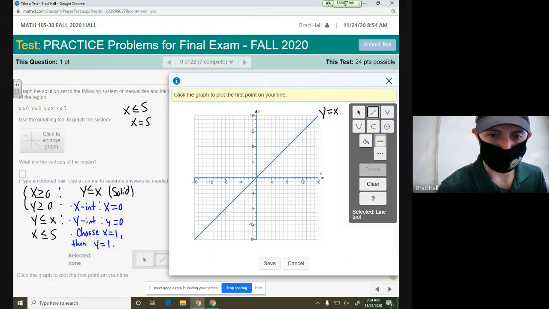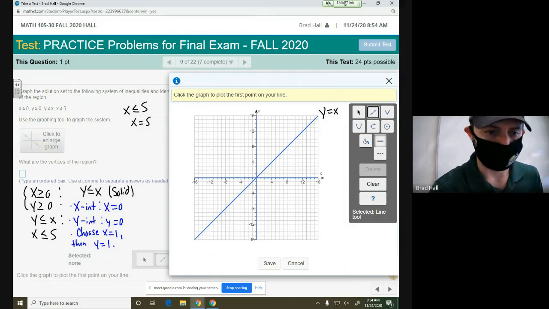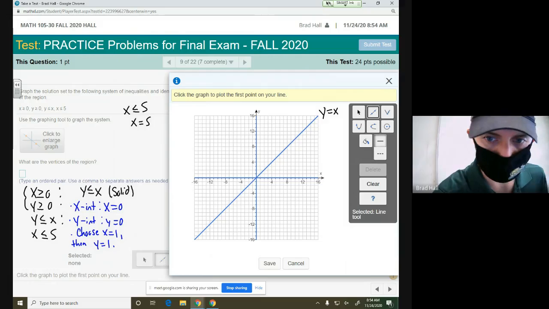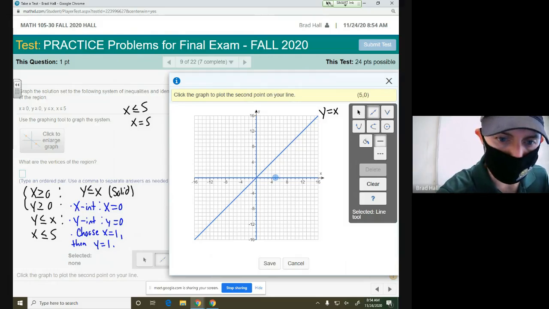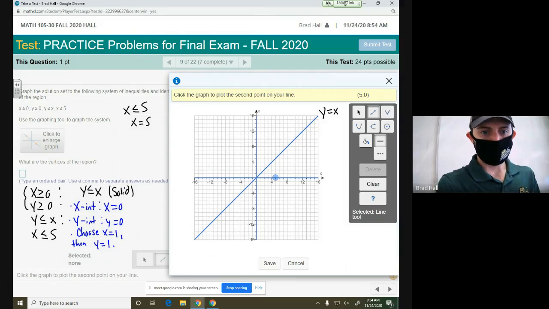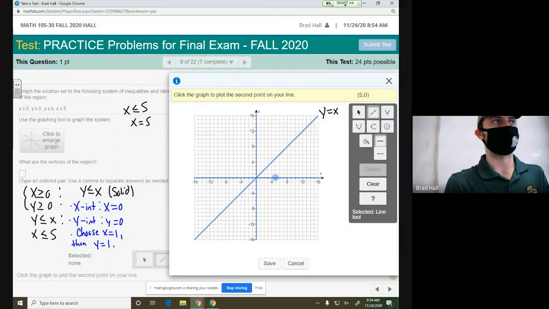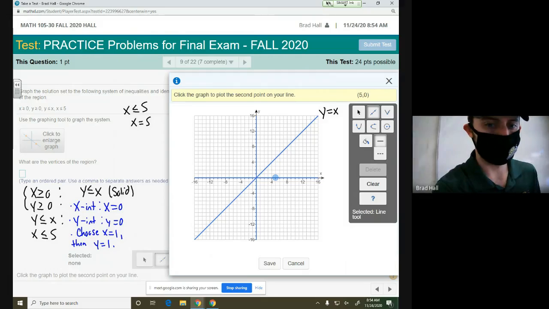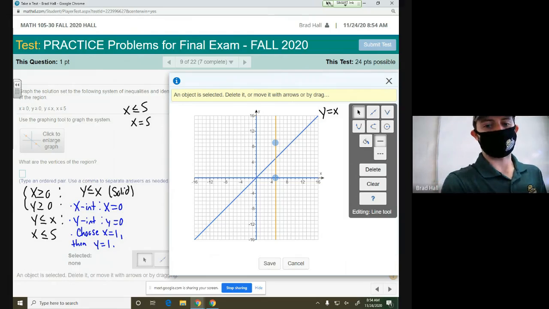Where's the x-axis? The x-axis is the horizontal one. Where's 5 at? 5 is right here. And so X is equal to 5 would have to be a line up and down, just like that.